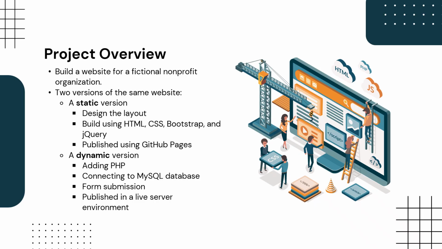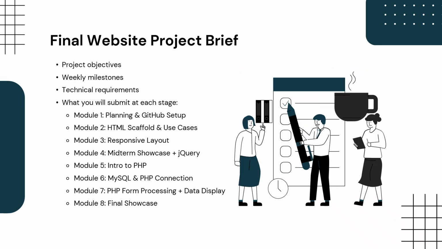Now this two-phase approach mirrors how real development teams work. The design comes first, and then you validate the front end, and then you start adding back end functionality. I'm not going to go through every requirement right now. That's what the final website project brief is for.